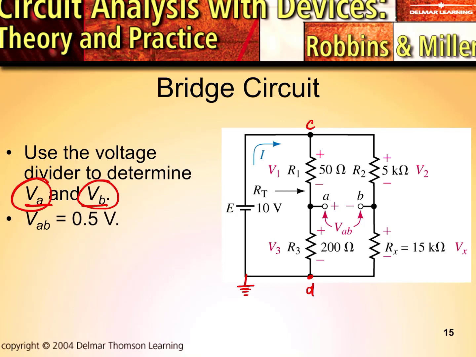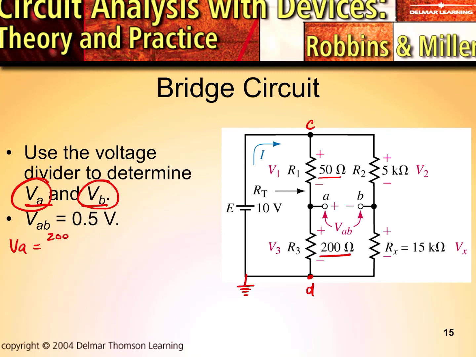Now that we've assigned ground to that point, we can determine two single subscript values to determine a double subscript. So let's start by doing that in this example. The first thing we'll figure out is VA. VA will be found by voltage divider rule with 200 ohms here and 50 ohms here.